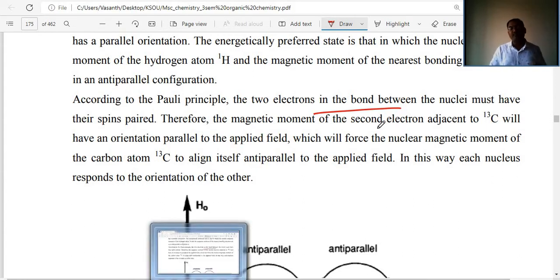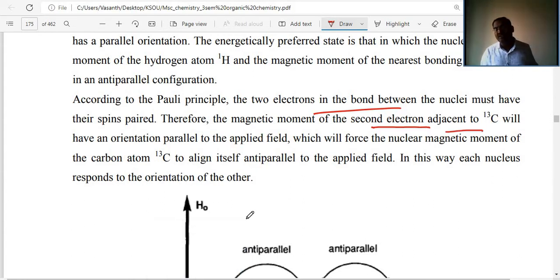Therefore, the magnetic moment of the electron adjacent to carbon-13 will have an orientation parallel to the applied field, which will force the nuclear magnetic moment of the carbon-13 atom to align itself anti-parallel.